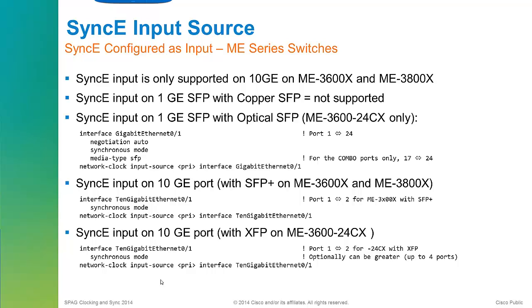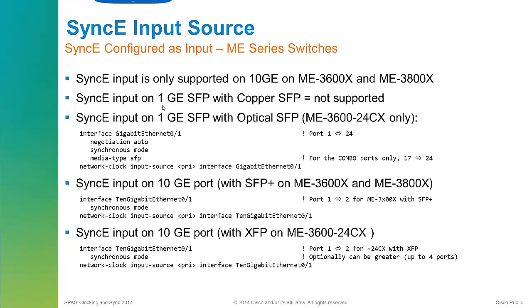The ME series switches. So we said before SyncE input is only supported on the NNI interfaces on the 3600 and 3800. So the output will show in the next section. If you have the SFP, because there's an SFP based version and there's a RJ45 version of the 3600, but of course it doesn't make any difference.